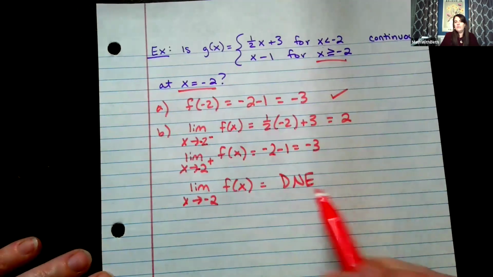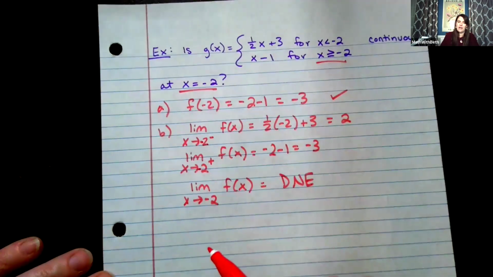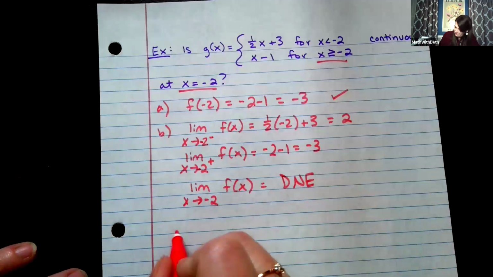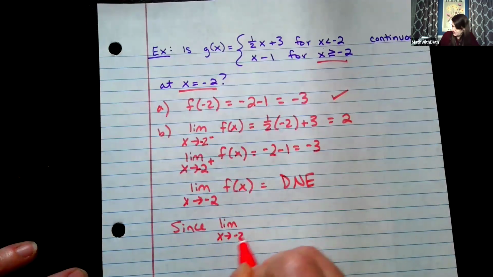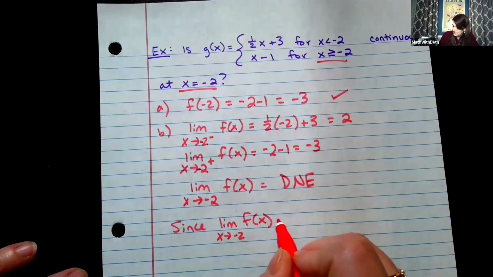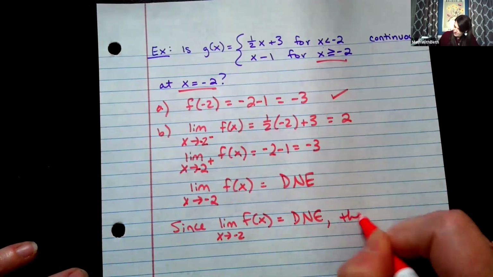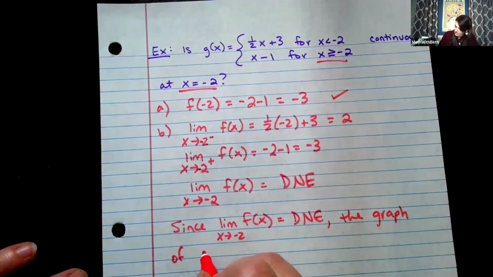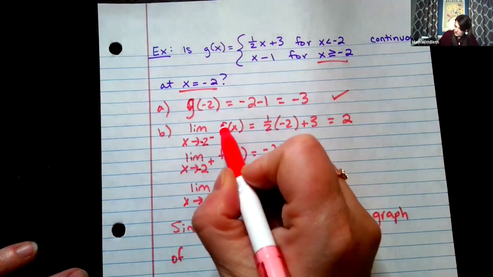We don't even really need to go to part C, because all three things have to work for you to say it's continuous. So you can say something along the lines of, since the limit as x approaches -2 of f of x does not exist, the graph of... I just realized this is called g of x.